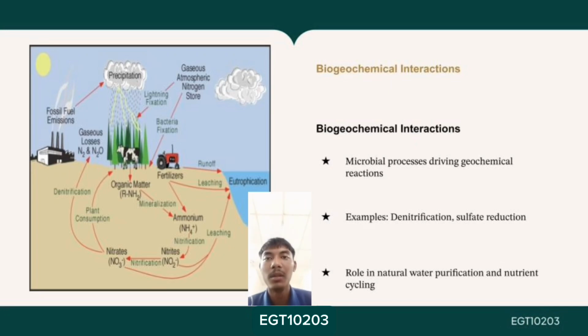Without them, pollutants like nitrates or sulfates could build up and harm aquatic life. So, biogeochemical interactions are not just complex; they're essential for sustaining clean water and a balanced environment.